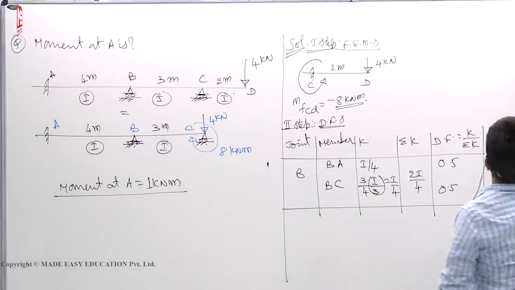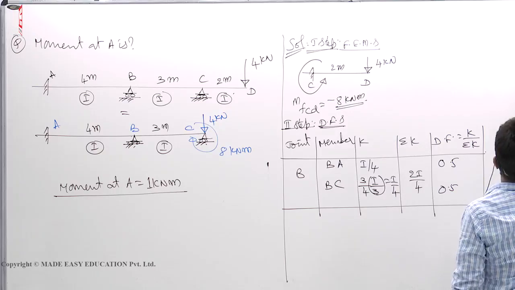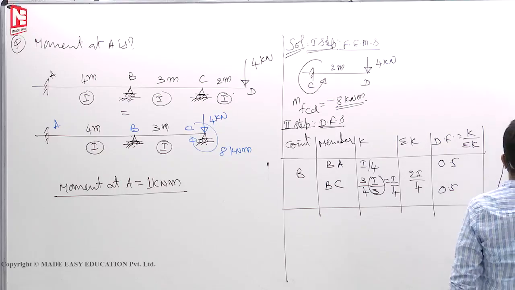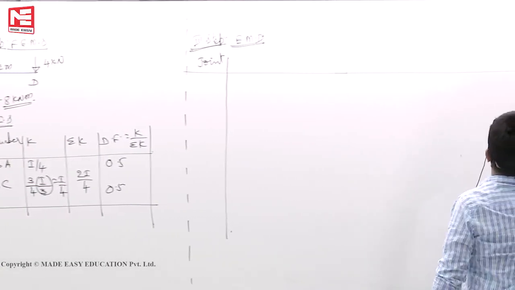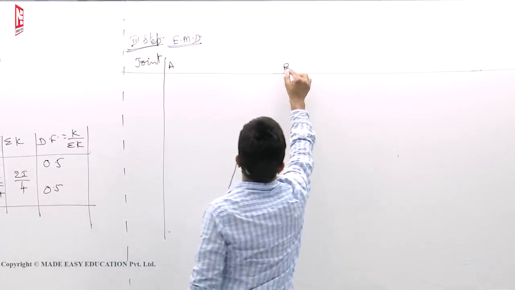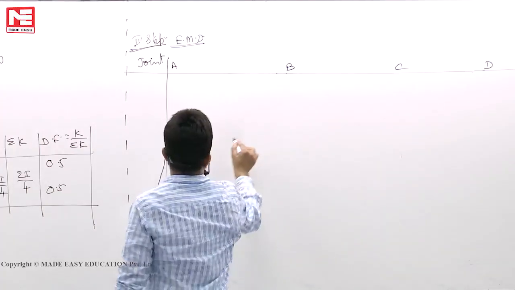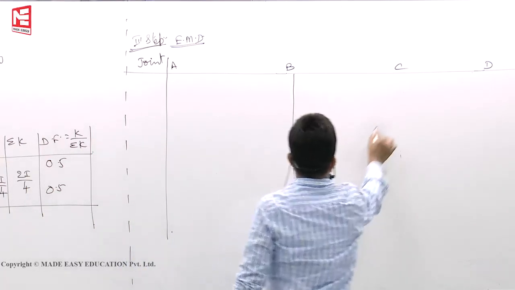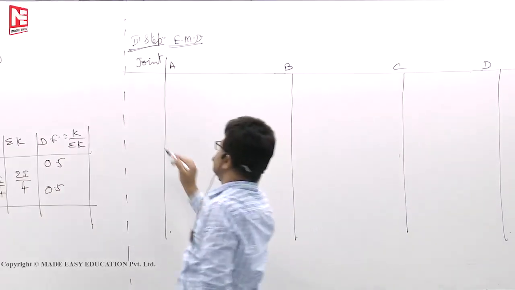Then third step, end moment distribution, joint, this point let us say A, B, C, D. Distribution factors.